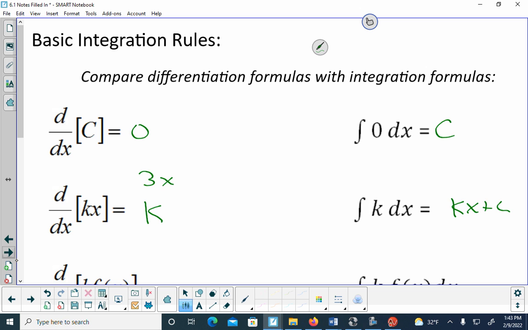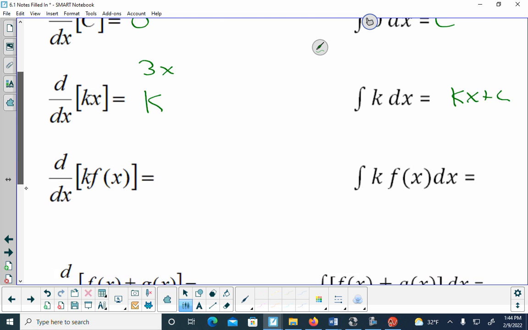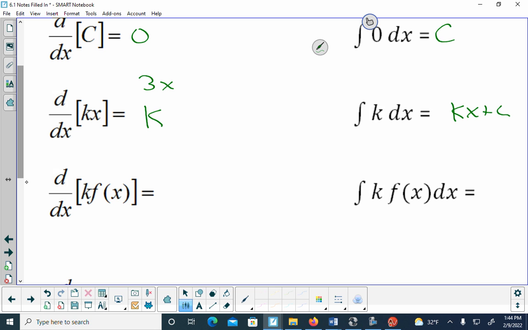These aren't hard, right? I have this k in front of my function. So when I take the derivative of the function, I'm going to get k times the derivative of that function, yes?